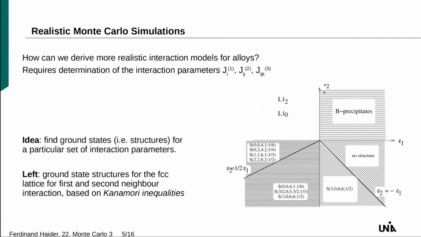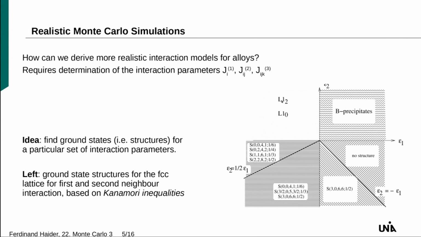Then you can draw a map of the ground states which are possible. So if epsilon 1 is positive and epsilon 2 is positive, then you expect to have precipitates. If epsilon 1 is negative and epsilon 2 is positive, you get ordering. This was the case I showed.